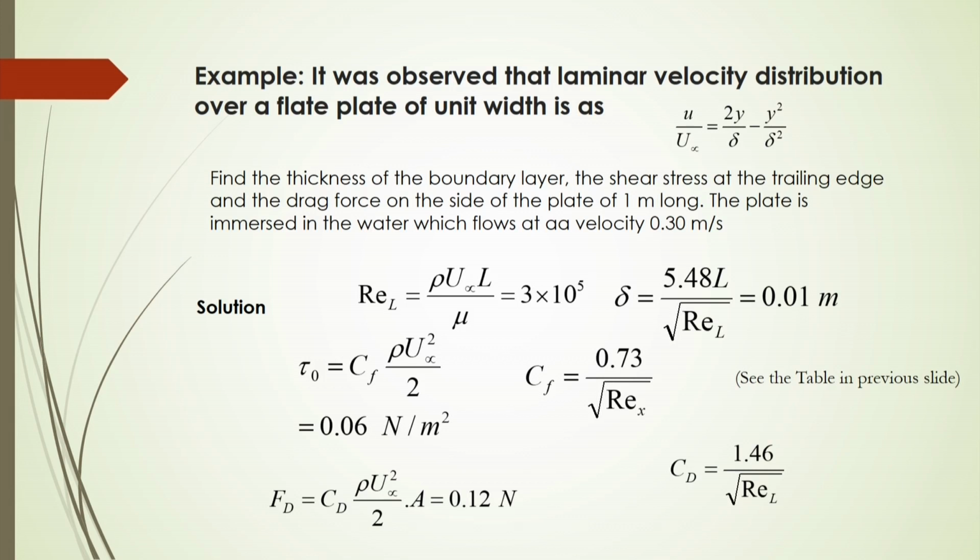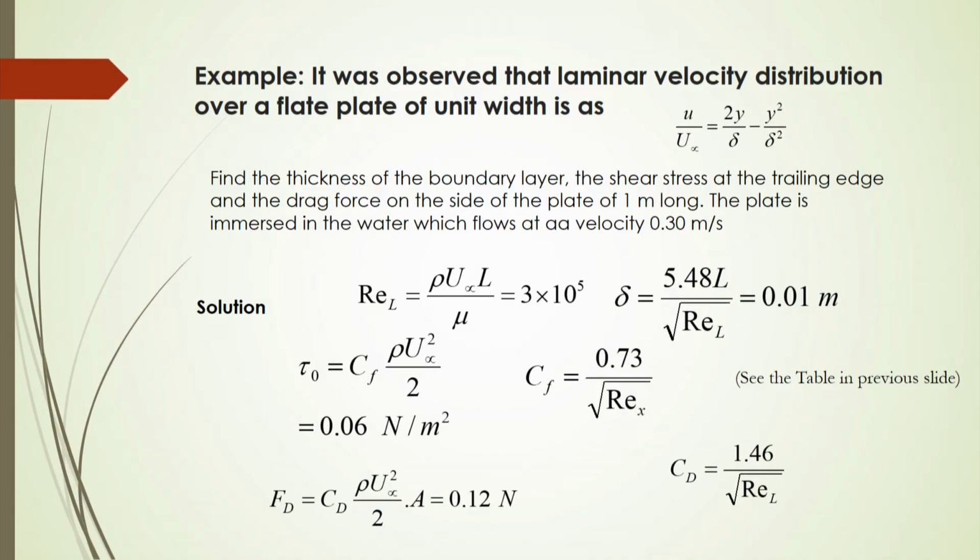In this case, what should be the thickness of the boundary layer, the shear stress at the trailing edge, and the drag force on one side of the plate, which is 1 meter long and immersed in water flowing at 0.3 meter per second? You first have to calculate the Reynolds number for the length of 1 meter, and as per this problem it comes to 3 into 10 to the power 5.